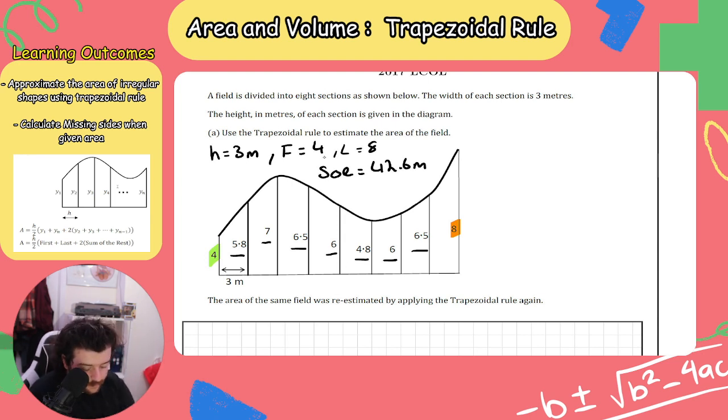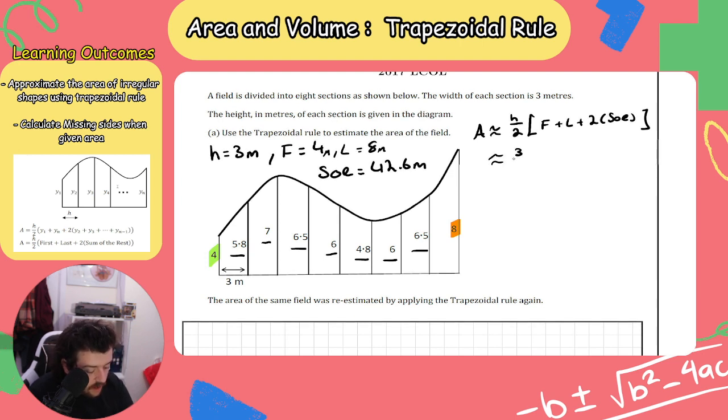So, meters there. So let's look at my formula. So the area is approximately equal to h over 2 times first height plus last height plus 2 times sum of remaining.